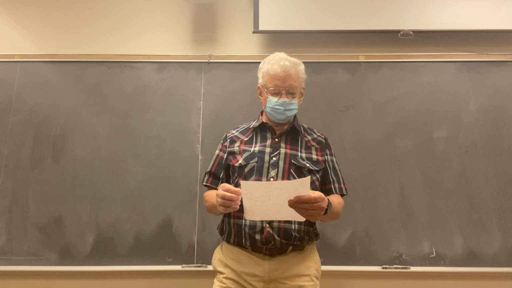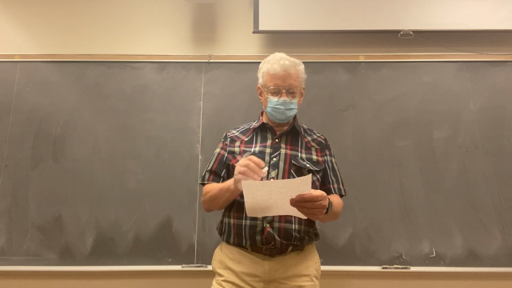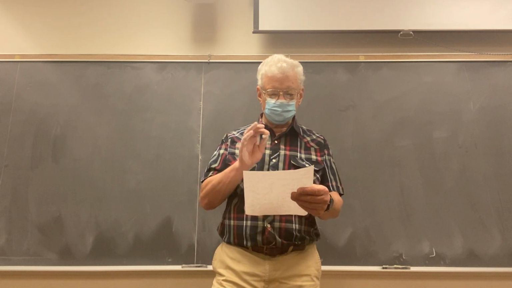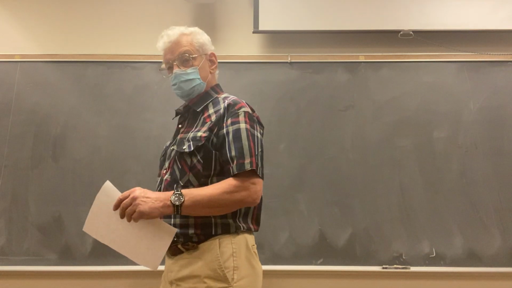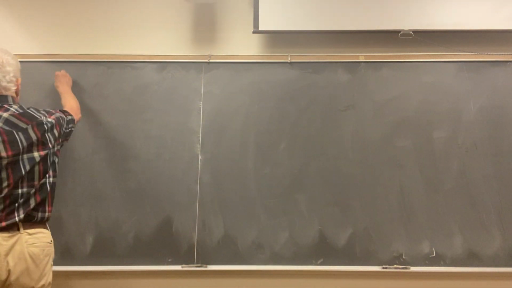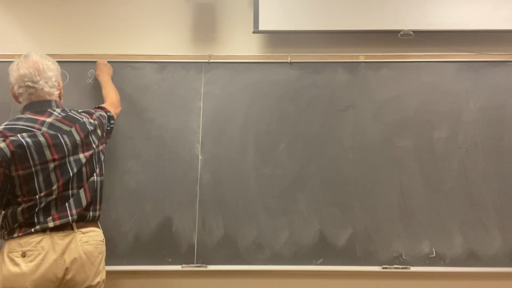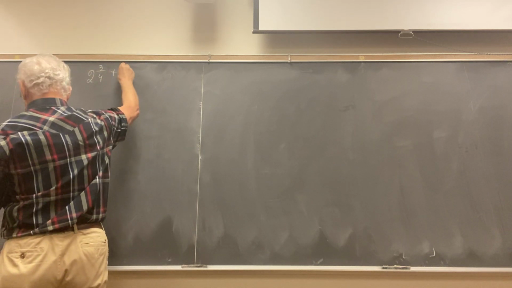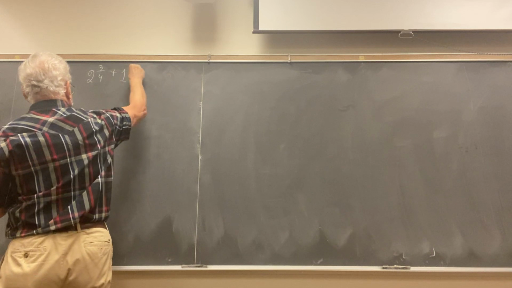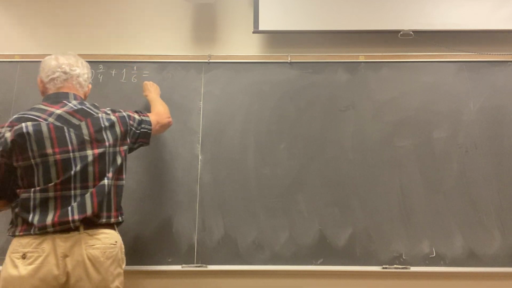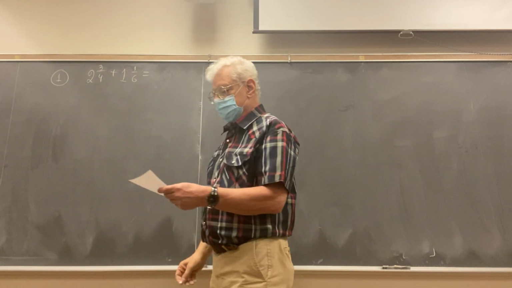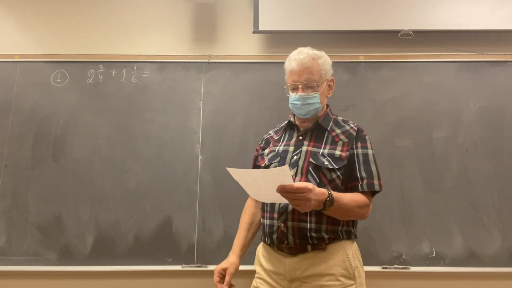Okay, so let me explain to you how to solve every single problem. Problem number 1. This is 2 3/4 plus 1 and 1/6. Okay. Add these two fractions in mixed number form.